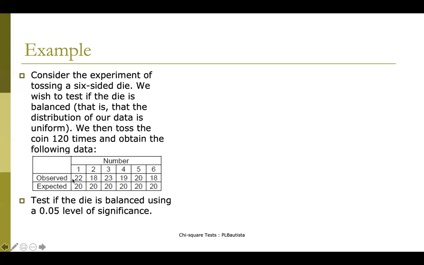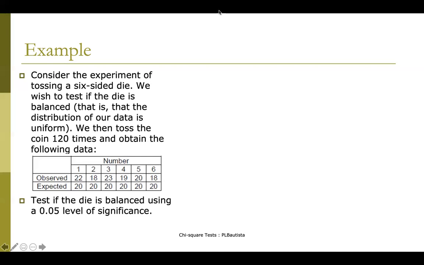And then for the observed row, these are the actual observations when we toss the die 120 times. And we saw that the number 1 appeared 22 times, the number 2 appeared 18 times, and so on. So given these observations for each of these numbers, does this indicate that the die is balanced?